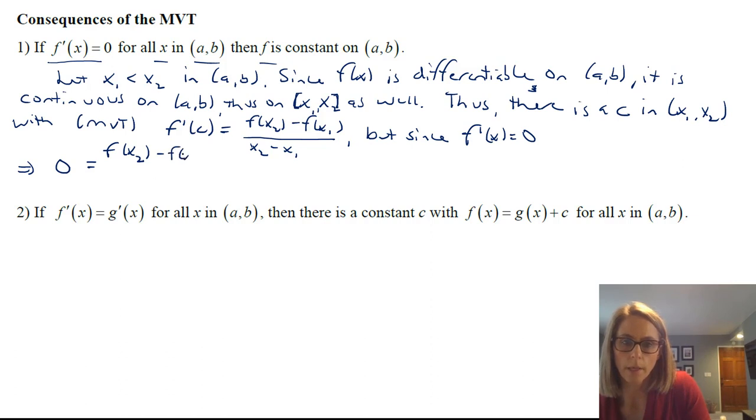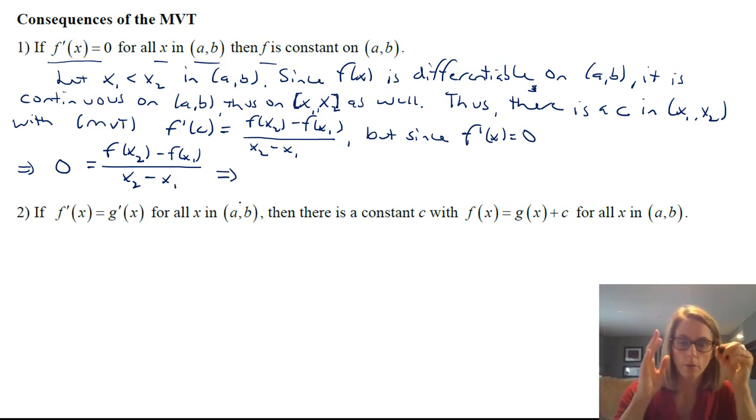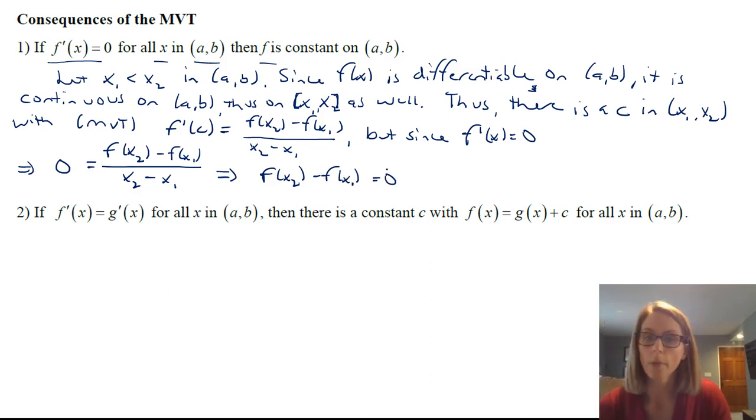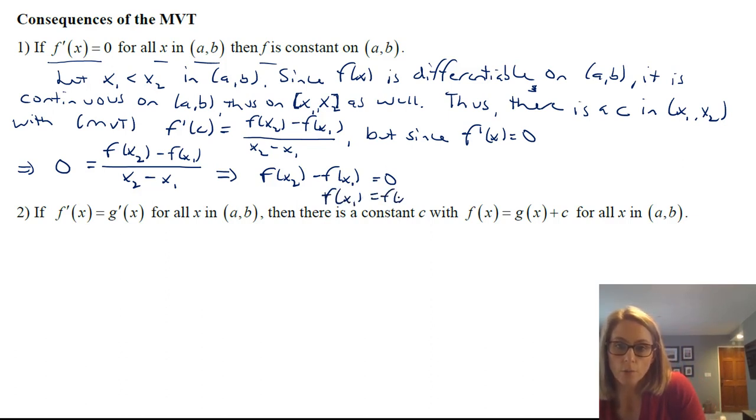And what I talked about in the video for section 3.1, I believe, is anytime you have a fraction equaling 0, that must imply that the numerator is equal to 0. It's the only time a fraction can be equal to 0. But of course, that tells us that f of x1 has to equal f of x2.